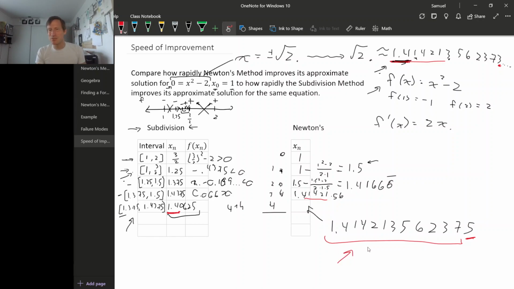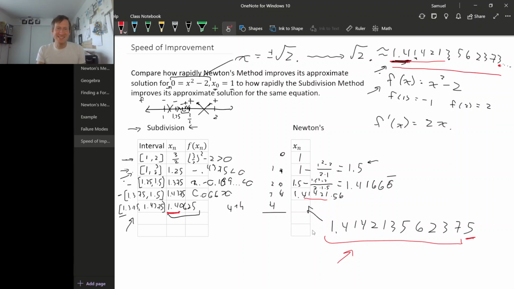And that gives us an approximate solution that is incredibly accurate. Very, very accurate. In fact, how do you think the calculator came up with this decimal approximation in the first place? It did some sort of numerical process very similar to Newton's method. Maybe not exactly Newton's method, but closely related. That's actually how computers come up with these decimal values. They use these numerical processes, and often it's Newton's method.